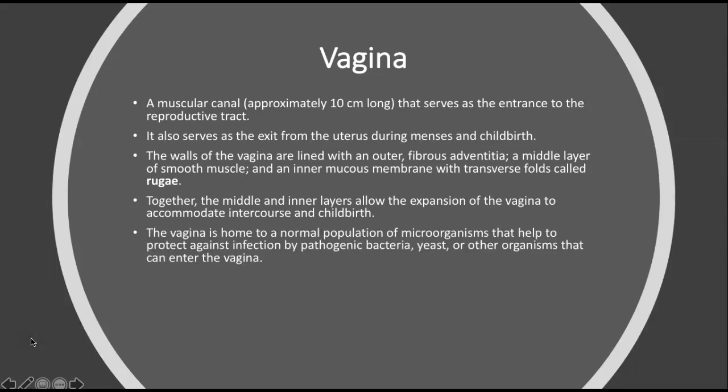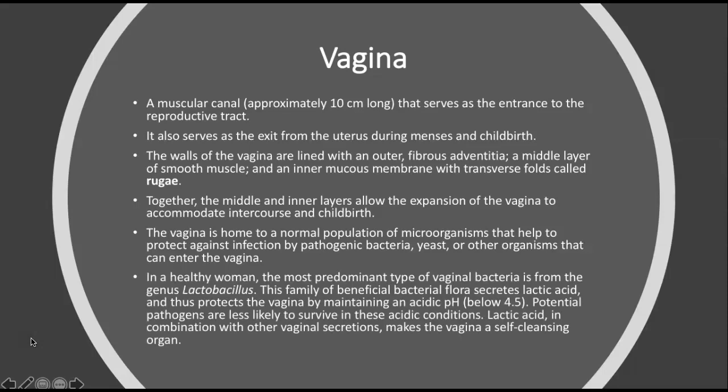The vagina is home to a normal population of microorganisms, like bacteria, that help to protect against infection by pathogenic bacteria, yeast, or other organisms that can enter the vagina. In a healthy woman, the most predominant type of vaginal bacteria is from the genus Lactobacillus.